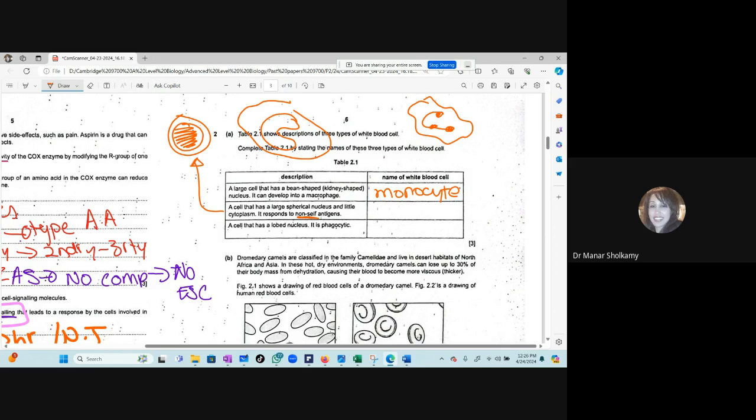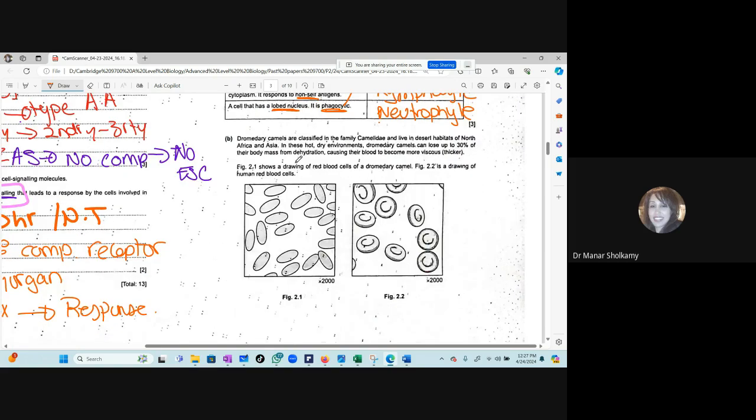Lymphocyte. Yes, whether the B or the T lymphocyte, just lymphocyte. Now, a cell that has a lobed nucleus and it is phagocytic. This one. The neutrophil. Yes. So in the first one here, you have to mention monocyte. They wanted monocytes. Don't just say it's a phagocyte. Which phagocyte?